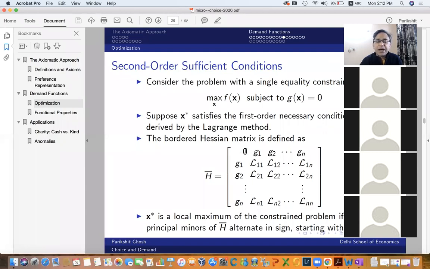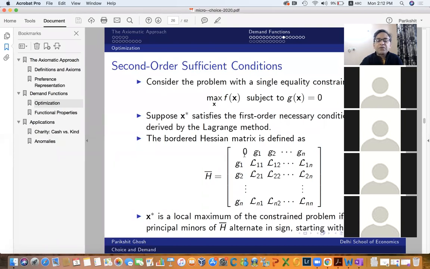The second principal minor is the determinant of the submatrix with entries 0, G1, L11, and G1. You take the 2 by 2 matrix, which is part of this larger matrix, and you calculate its determinant. That's the second principal minor. Then you look at the 3 by 3 submatrix, calculate its determinant. That's the third principal minor.